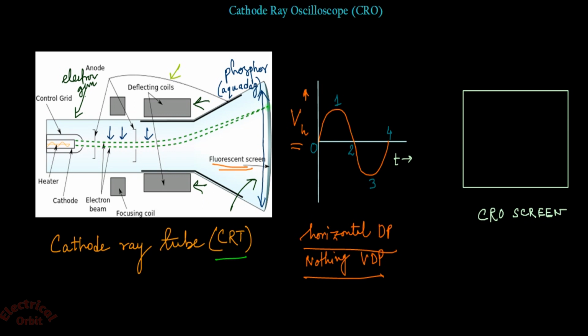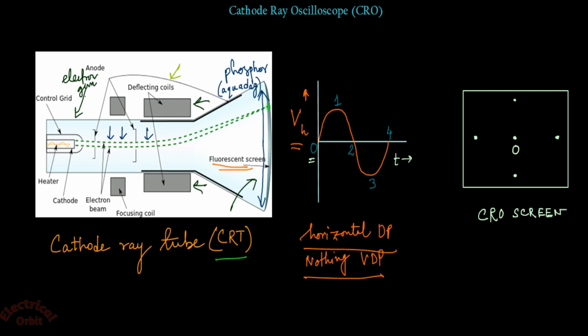We can divide this screen into positions: this is the central position, the extreme left and the extreme right, extreme up and extreme down. At 0 instant the value of the voltage is 0 because there is no amplitude. So this is the 0 position compared to the 0 position of the waveform.